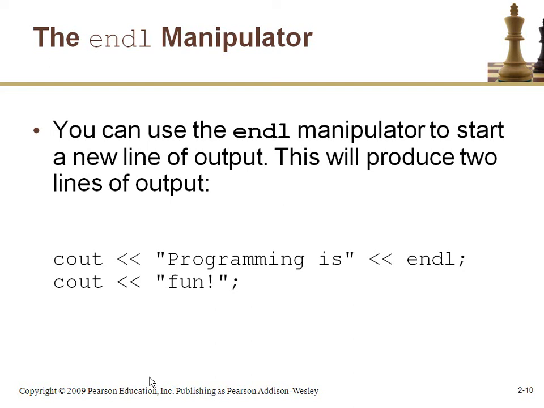This will produce two separate lines with these two statements. The first one, the cout "Programming is", is outputted on one line with a carriage return, putting the cursor at the beginning of the next line, and the cout on the second statement will output the word "fun!".